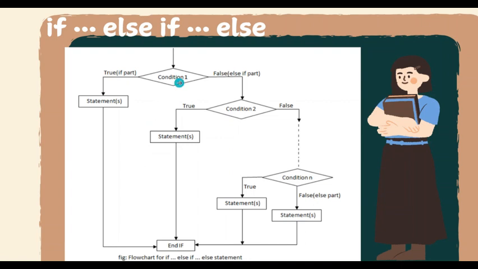If condition 1 is true, then it will directly get this statement executed. If it is false, it will check condition 2. If it is again false, then it will check condition 3. Like that, it will check until condition n. If even condition n is false, then it will go to else part.